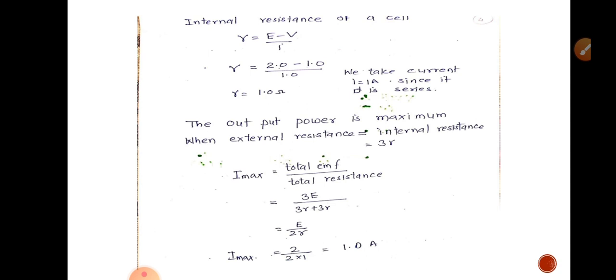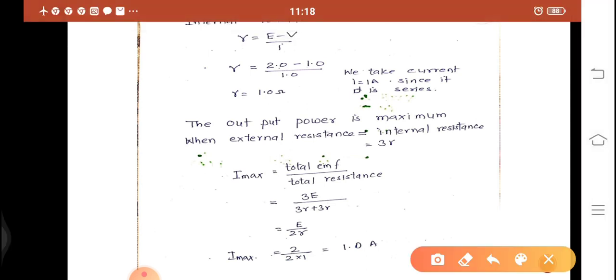What is E? It is the EMF. We have already calculated that EMF is 2 volt, and just now we have calculated the value of V, that is terminal potential, 1 volt. So the internal resistance of each cell will be 1 ohm.